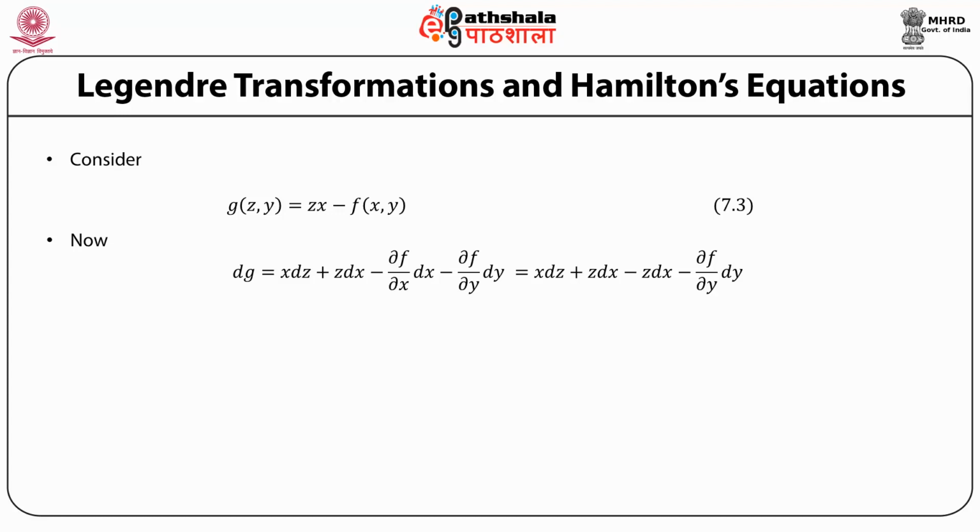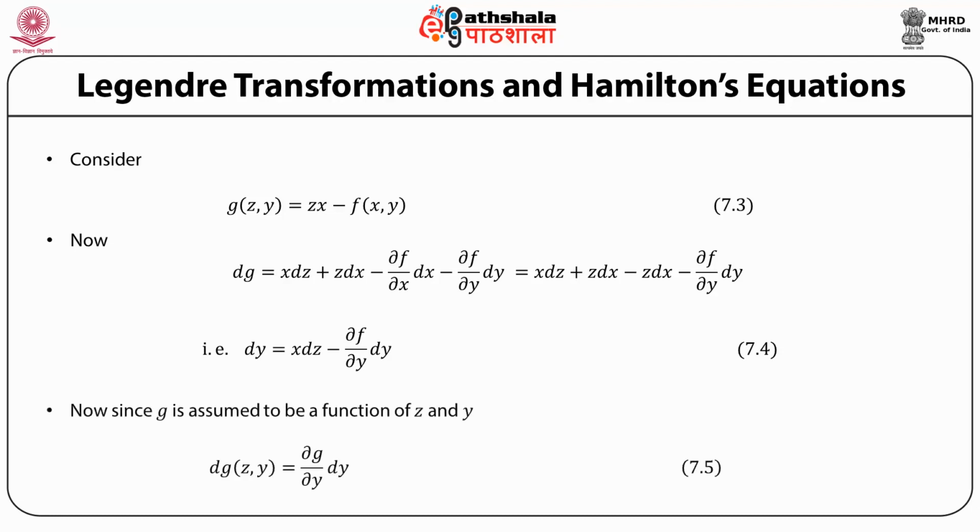So the differential of this new function g is obtained by using the chain rule: dg is equal to x dz plus z dx minus z dx, because df by dx is defined as z, minus df by dy into dy. That is, dg is equal to x dz minus df by dy into dy. Now, since g is assumed to be a function of only z and y, the differential of g is dg by dz into dz plus dg by dy into dy.